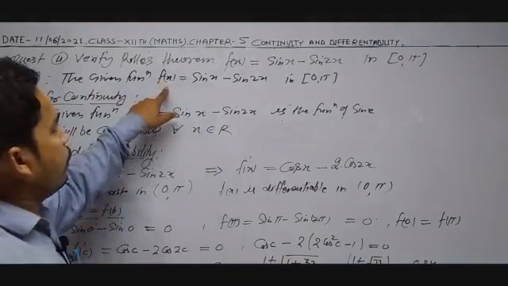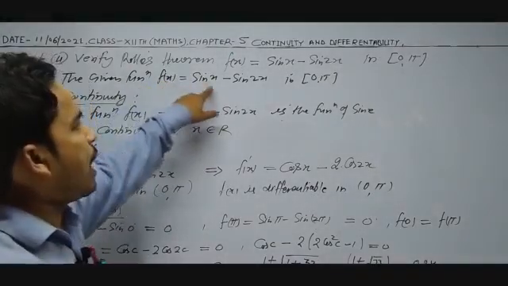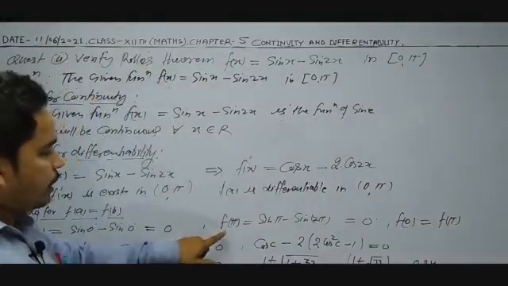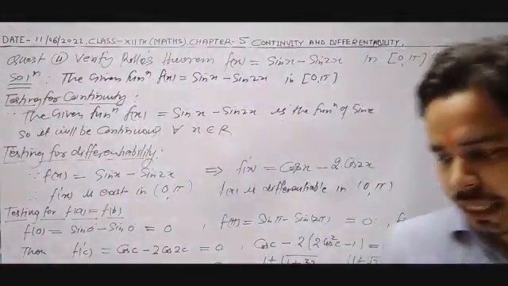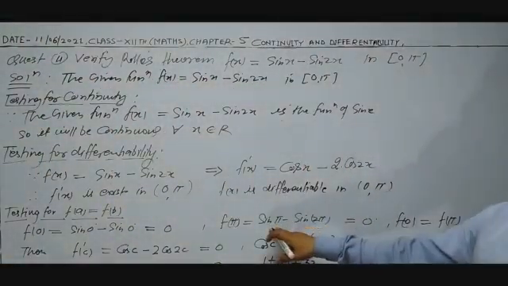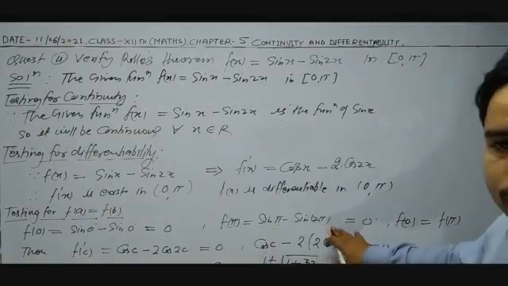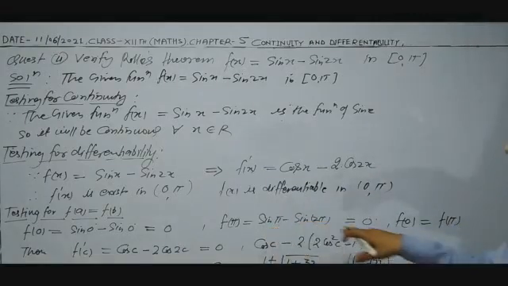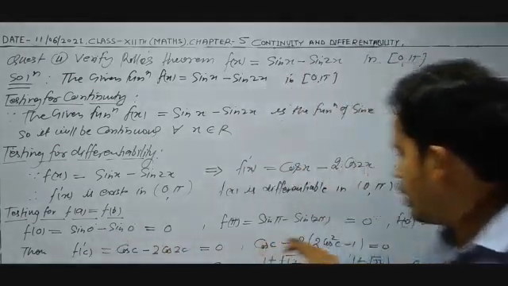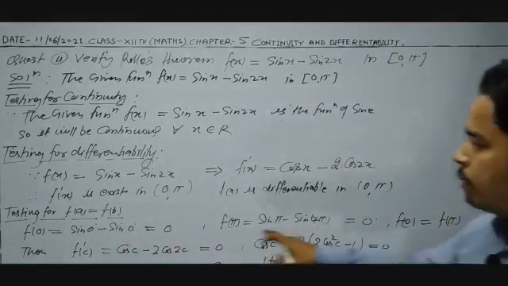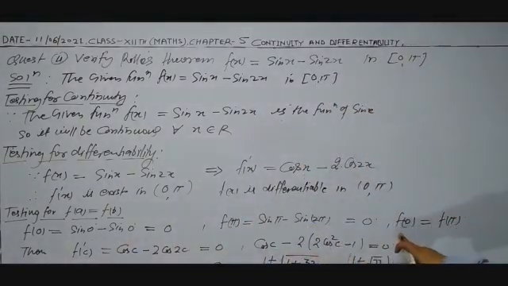Similarly, when you put x is equal to pi, f(pi) is sin pi minus sin 2 pi, and sin pi is 0 and sin 2 pi is also 0. So 0 minus 0 implies 0. From this, f(0) and f(pi) have the same value, so f(0) is equal to f(pi).